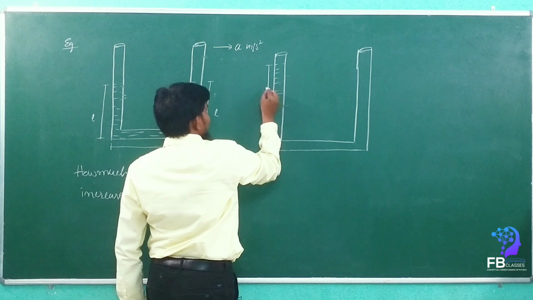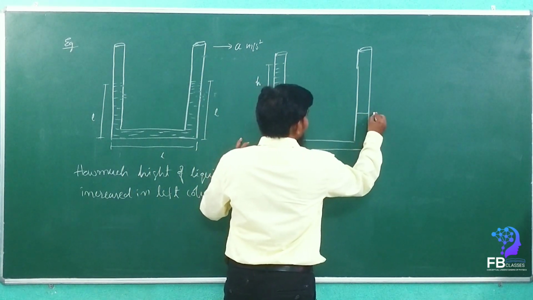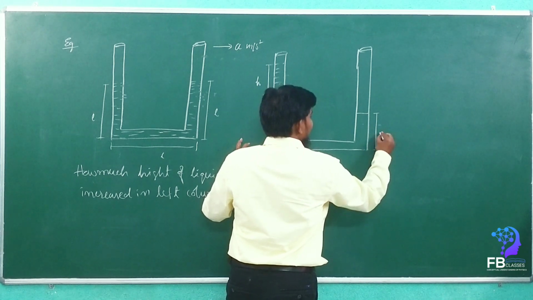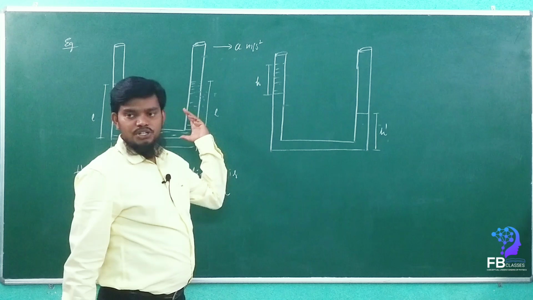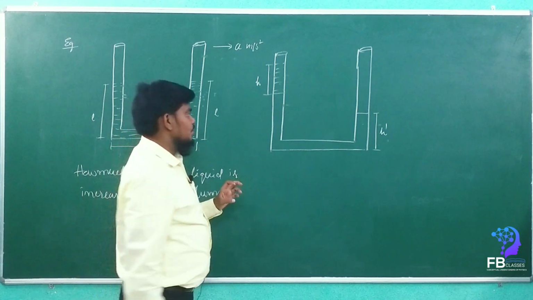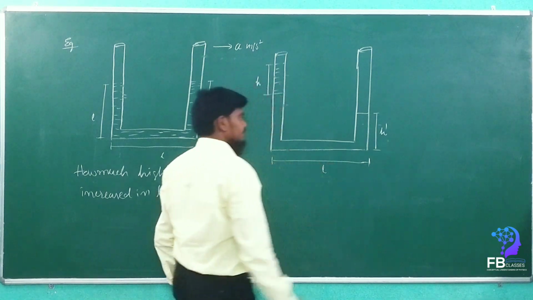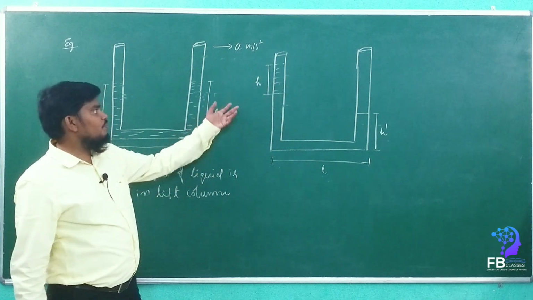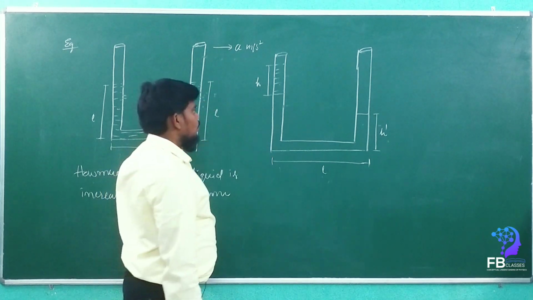Consider this height is h. Okay. Now this height, consider as h dash. Okay, let it be h dash. Otherwise h1, h2, whatever it may be. Got it? So this length is L. Understand? Now we have to find out the h value. Got it? So now simple.